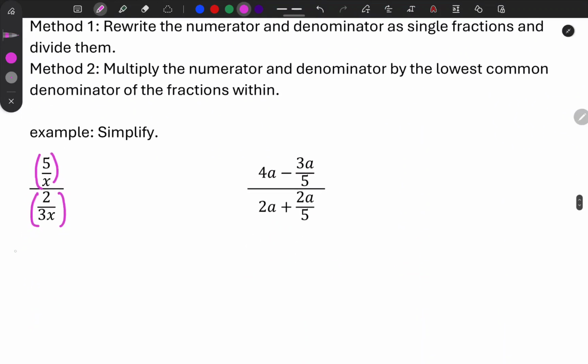So method 1 would be to just write it as 5 over x divided by 2 over 3x, and we know how to do that kind of division problem. And you know what? That's not bad at all. It doesn't look too hard. Let's just try method 1, and then we'll come back and discuss method 2.